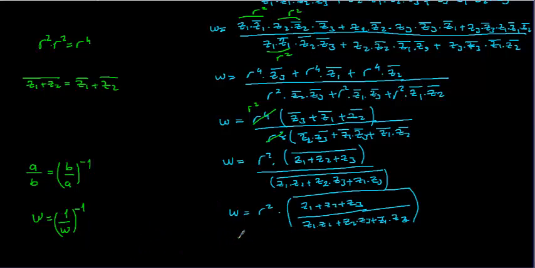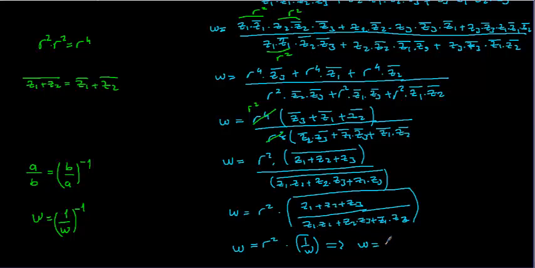Here, this W is equal to, I'm going to write this part again. Yes, this W is equal to R squared times 1 over W conjugate, which is equal to, I don't have space, that's why I'm going to continue to the right side.